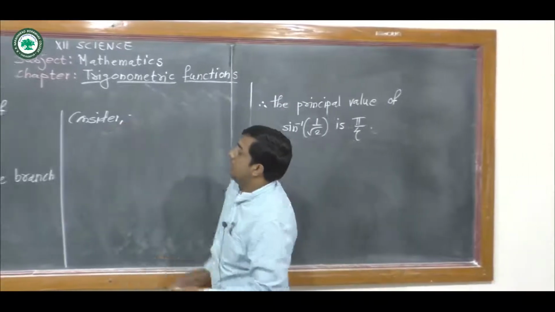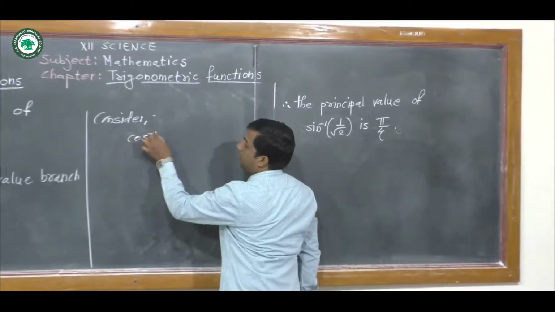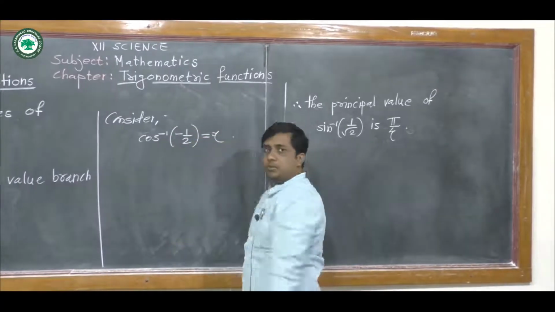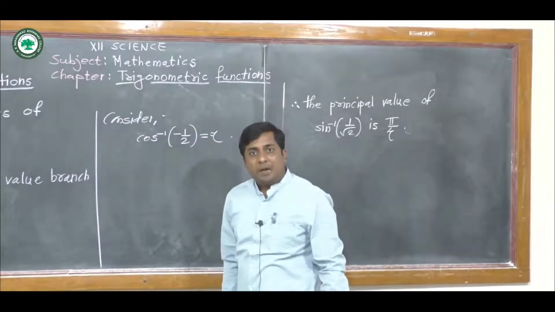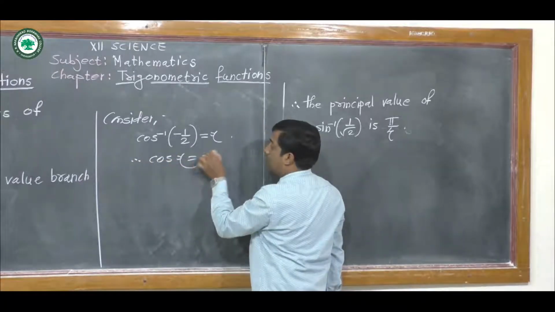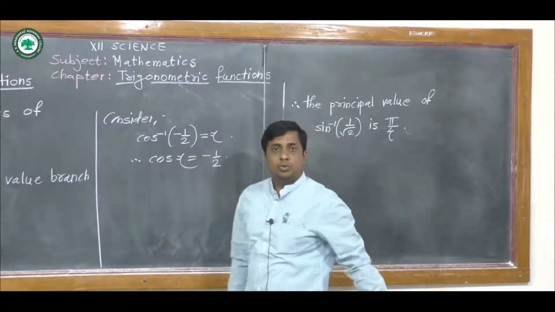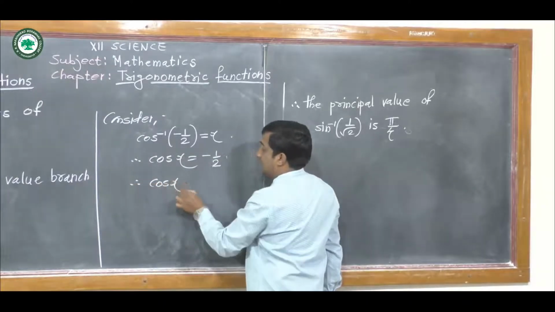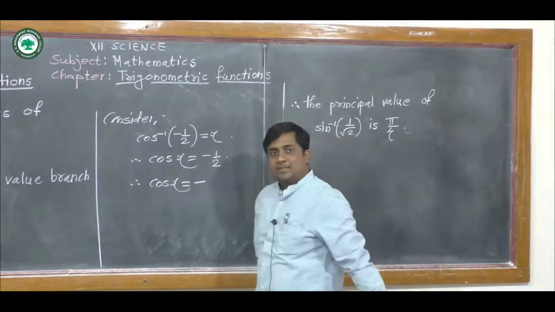Consider cos inverse of minus 1 upon 2 as x. Now by using our definition, I write this as cos x is equal to minus 1 upon 2. Then I write cos x is equal to minus.